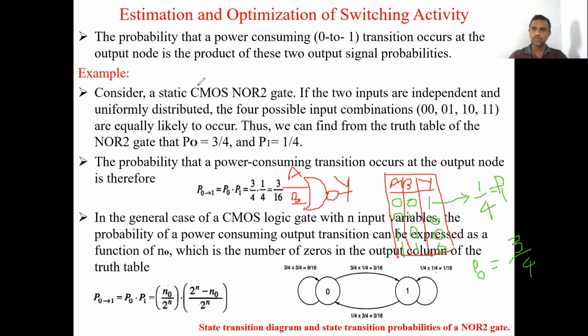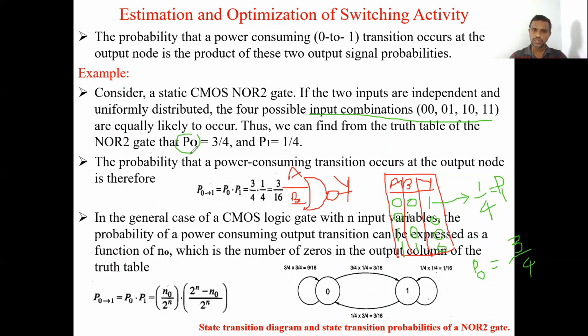Okay. So here we have considered a static CMOS NOR gate. If the two inputs are independent and uniformly distributed, the four possible input combinations, 0 0, 0 1, 1 0, and 1 1, and their corresponding outputs represented in this truth table, are equally likely to occur. Thus we can find from the truth table of the NOR gate that P0 is equal to 3 by 4.